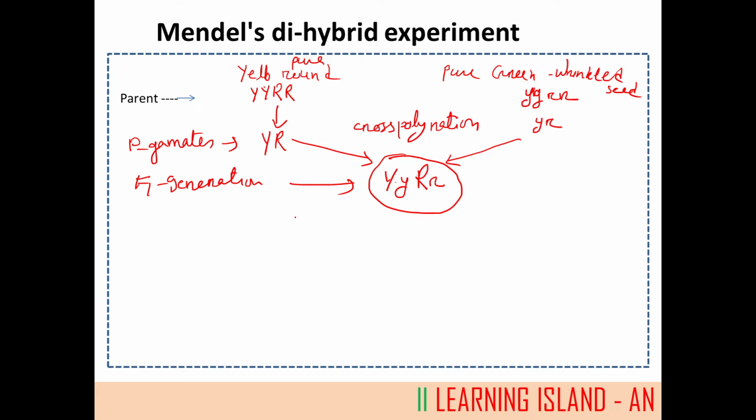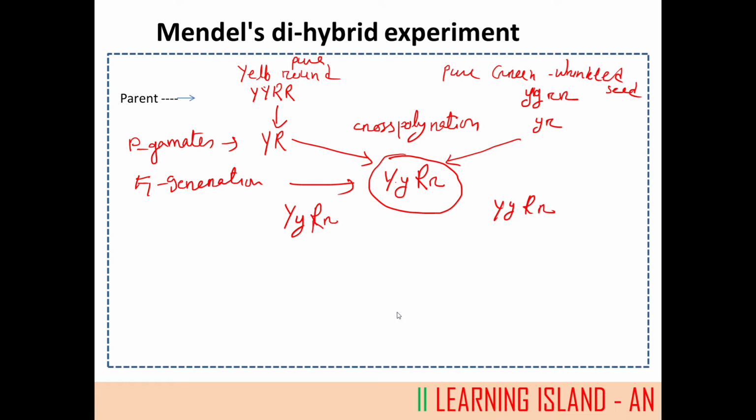Now again from this F1 generation, he had taken these two mixed pea plants and made self pollination.